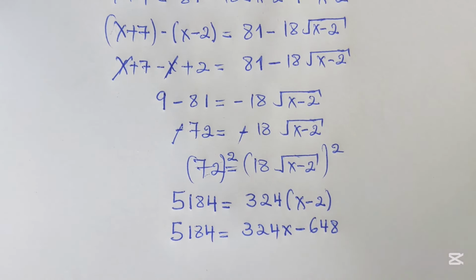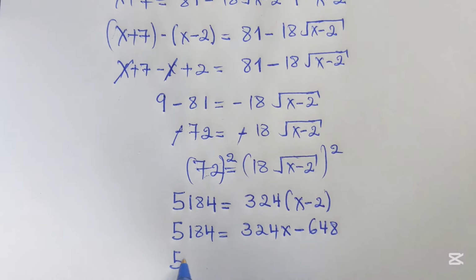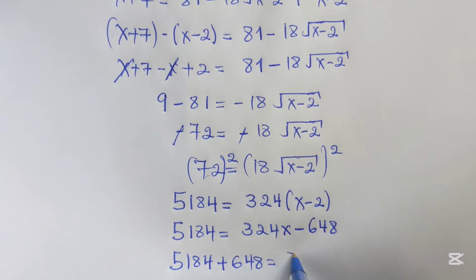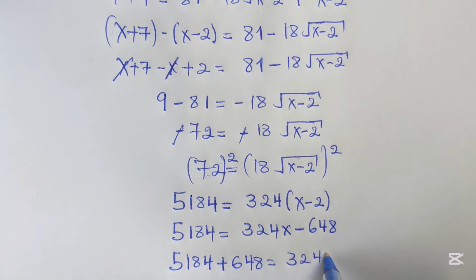What we do, 5184 plus 648 will be equal to 324x.